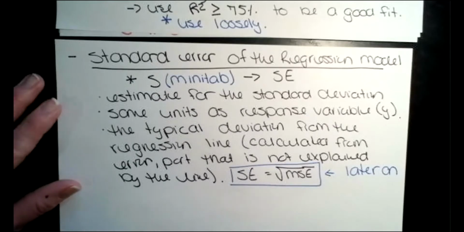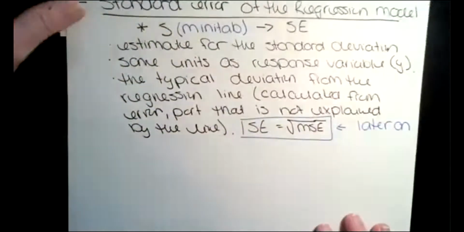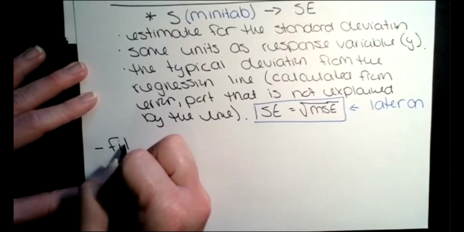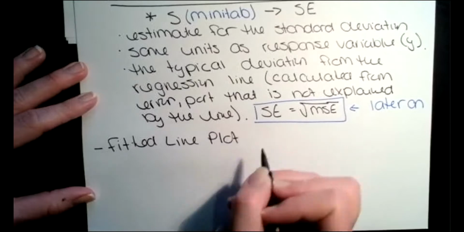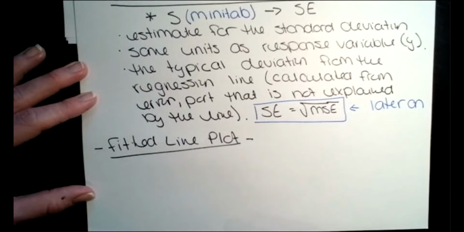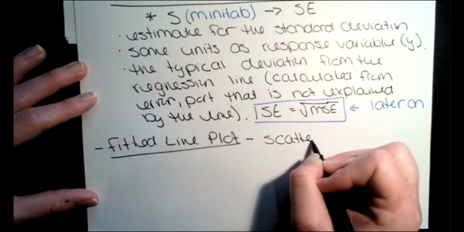I'm going to mention one other thing that we might see, and it's fine if you want to use this, and this is called the fitted line plot. Once in a while, I pull this up. The fitted line plot is just the scatter plot with the line on it, okay? I like to mention this because a lot of people will ask me about this.